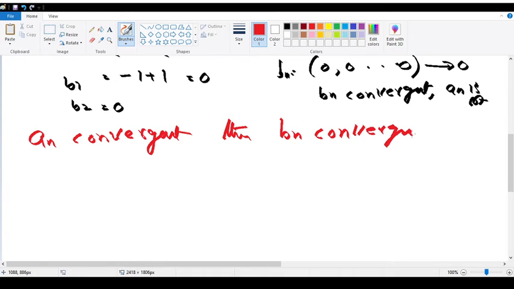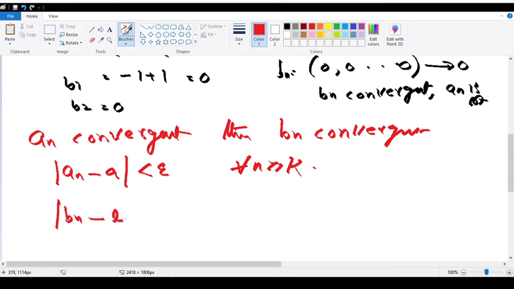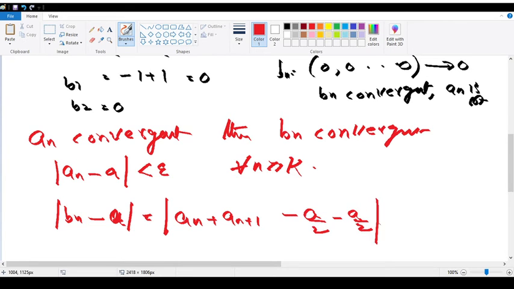Bn convergent. So an convergent, we can write it as mod an minus a less than epsilon for all n greater than or equal to k. We need to prove Bn minus L, what is Bn? An plus an plus 1 minus, here you can write a by 2 plus a by 2.